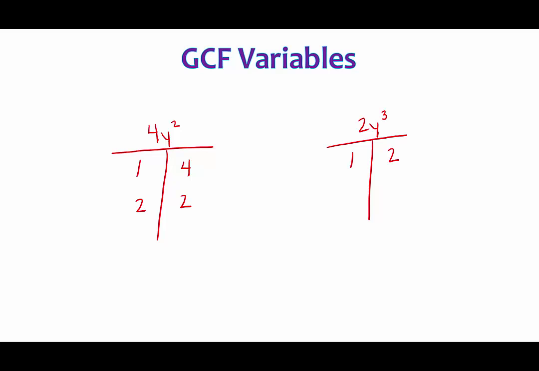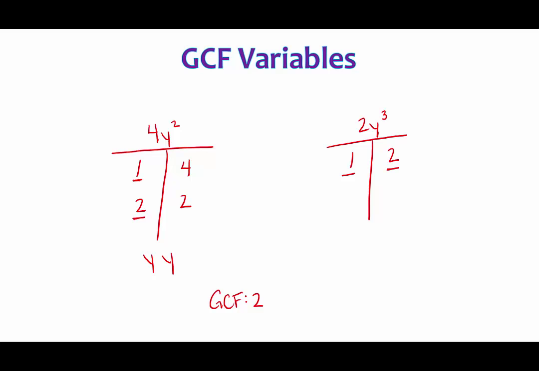The factors are 2, or just 1 and 2. What's the GCF of these? I can see that they both have a 1 and 2 in their tables, which means that their GCF would be 2. Then move to the variables. Again, we're going to take our y squared and 4y squared, and we're going to expand them out. So y and y.